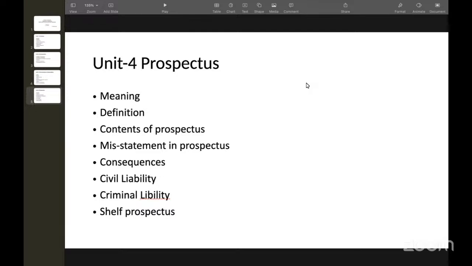Next, we have shelf prospectus. A shelf prospectus is a simplified prospectus that allows a company to issue securities multiple times within a specific period without having to file a new prospectus each time.